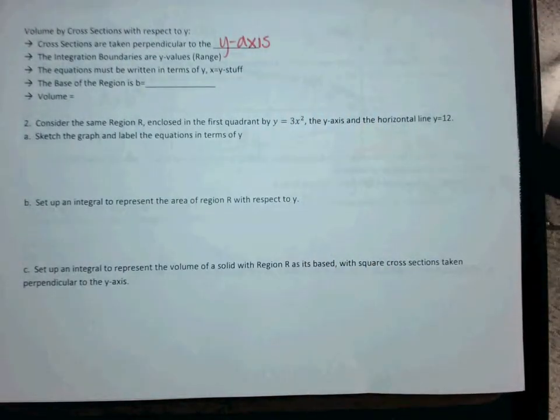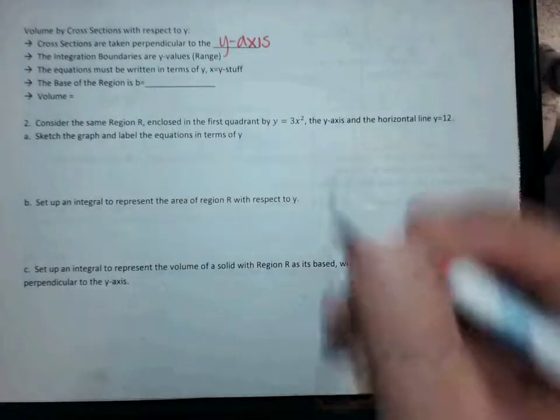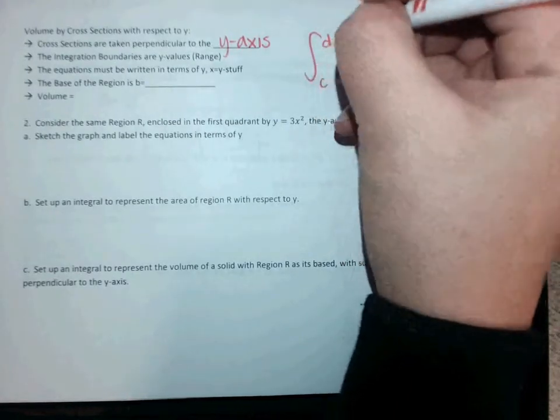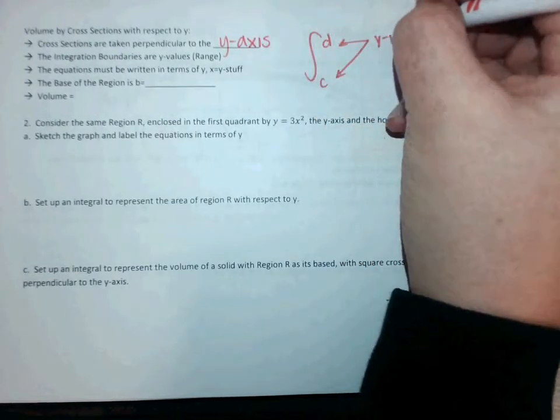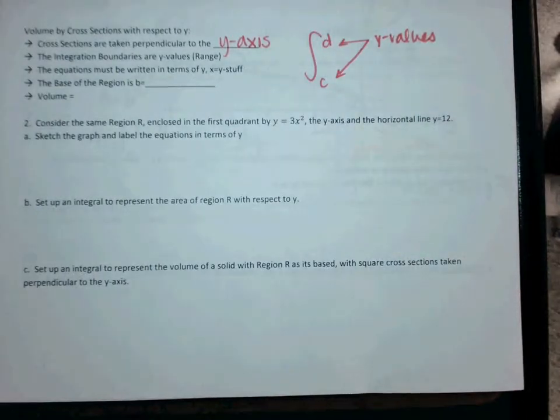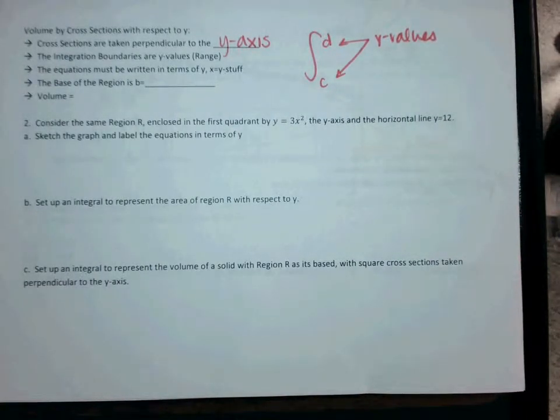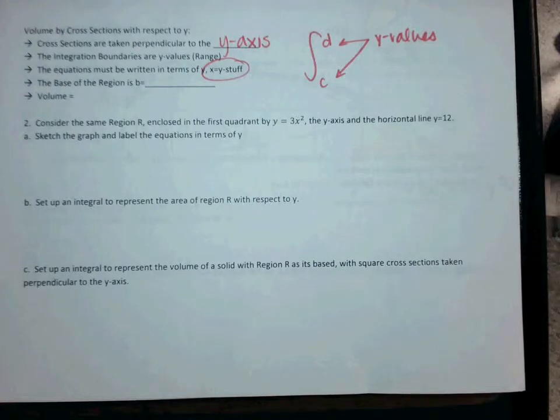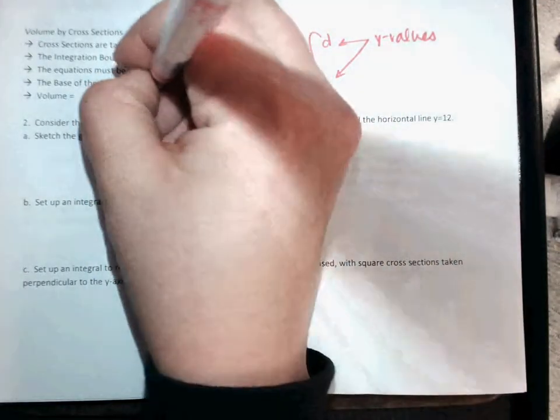Then your integration boundaries are going to be y values, so the numbers that go here and here have to be y values. And then your equation has to be in terms of x equals y stuff. And then the base of your region is going to be right minus left.